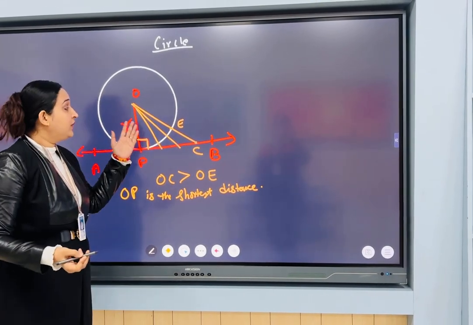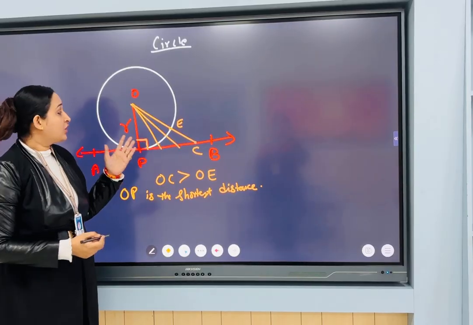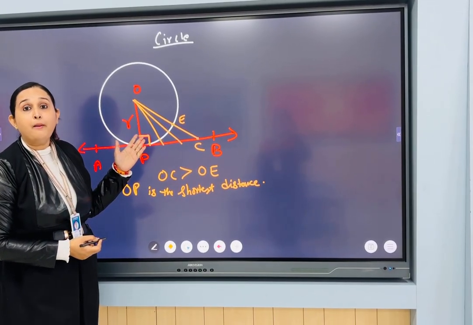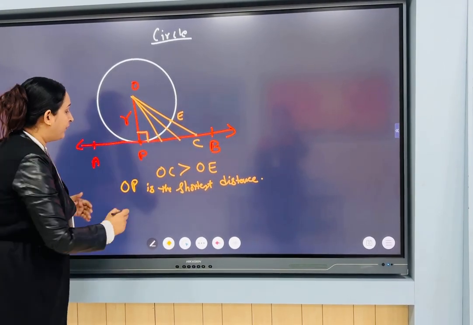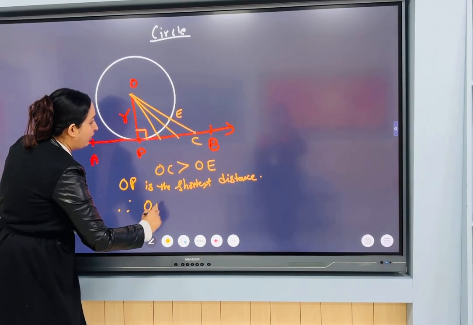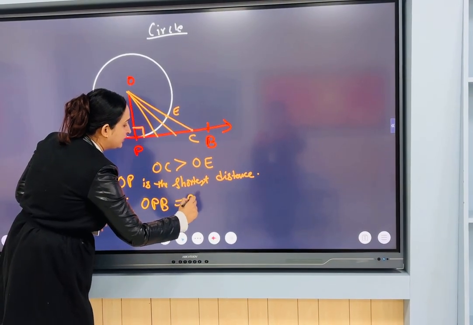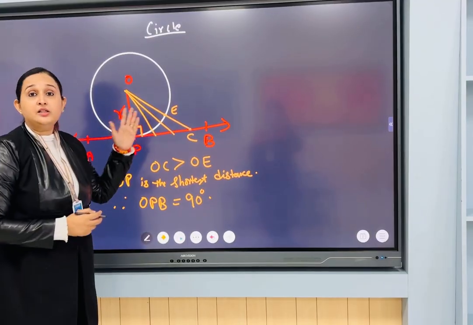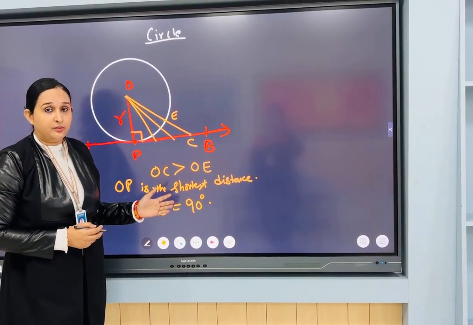And what do we know about the shortest distance? The shortest distance is always the perpendicular distance. Therefore, angle OPB is equal to 90 degrees. This is all about this theorem.